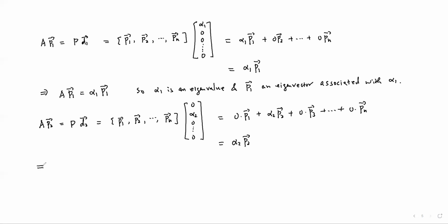Now we have this equation: A times P2 is alpha 2 times P2.